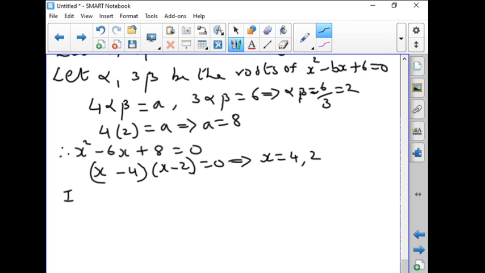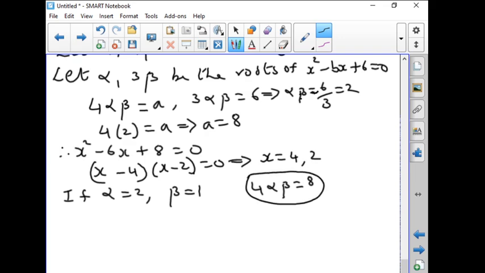So if alpha is equal to 2, when alpha is equal to 2, what about beta? Beta will be 1. Why? 4 alpha beta is equal to 8. So when alpha equal to 2 and beta equal to 1, only we will be getting 4 alpha beta is equal to 8.